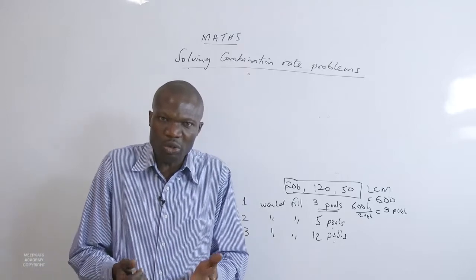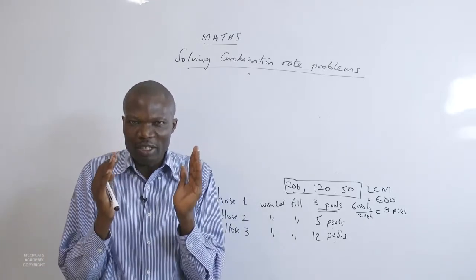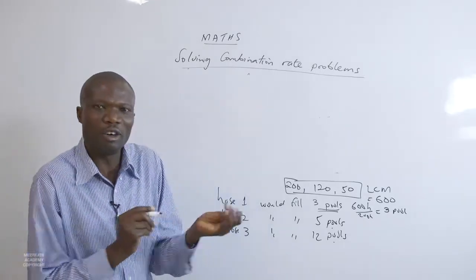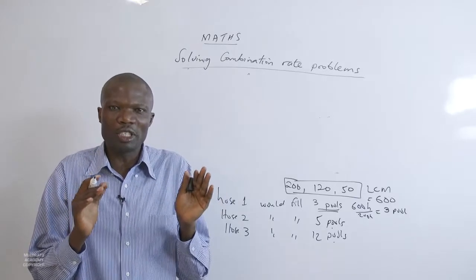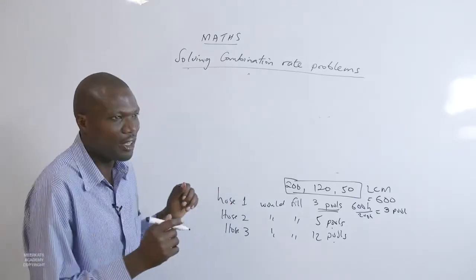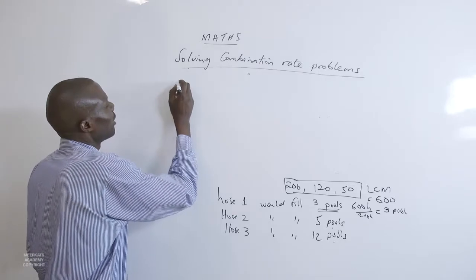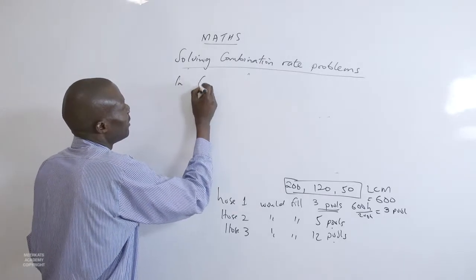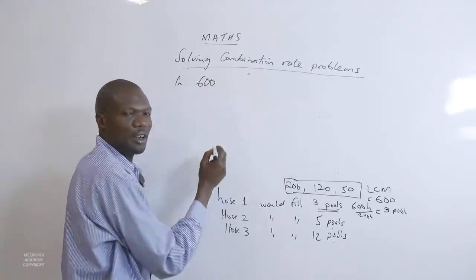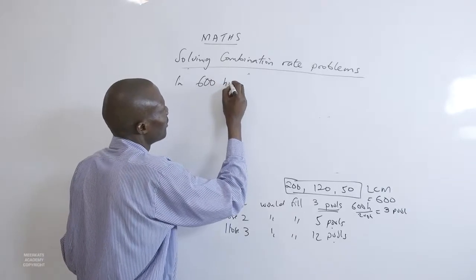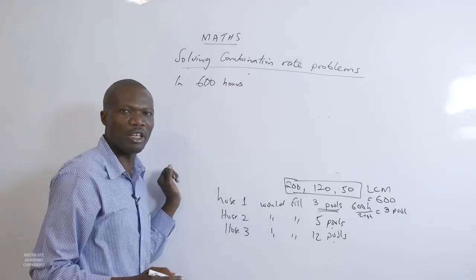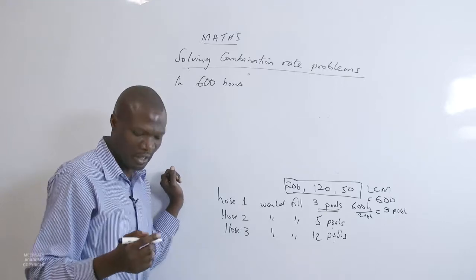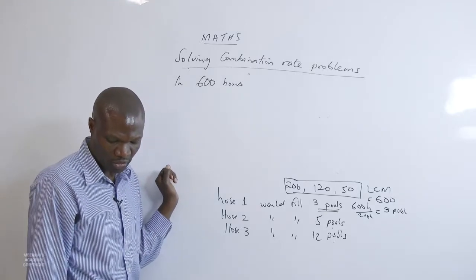Now, look at this clearly, supposing we are talking of all the horses remaining open, then we shall be talking that in 600 hours, how many pools would be filled by these horses?